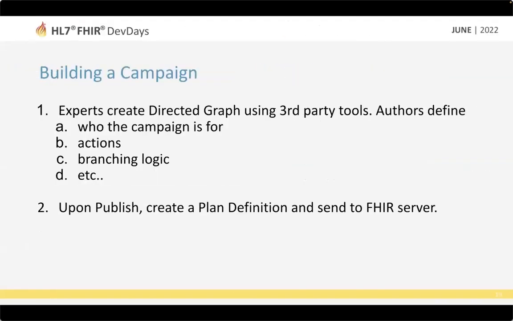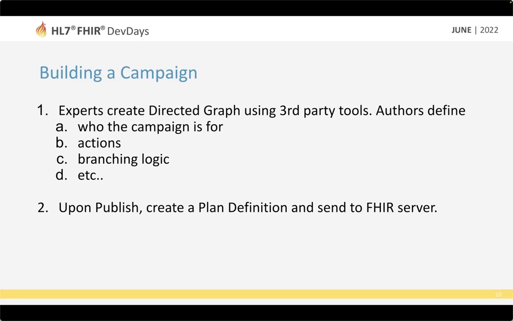Okay, so how do we build these campaigns? Well, first of all, we don't want to rely on people like me to build these campaigns. Rather, we want to get experts who know what they're talking about to build these directed graphs. In order to do this, we provide them with third-party tools where they can define who the campaign is for, the different actions within a node, including different options available to include in the node.